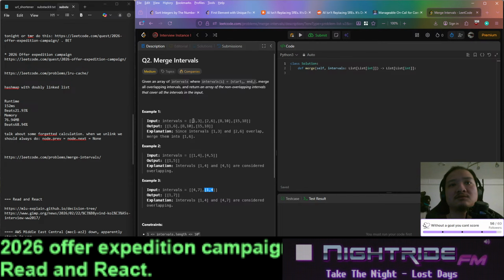So we sort by the first element, and we keep looking at two elements, right?